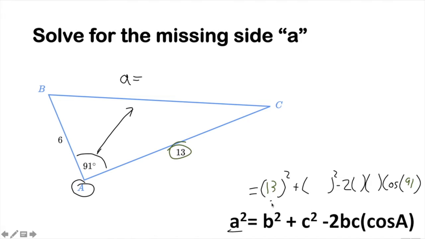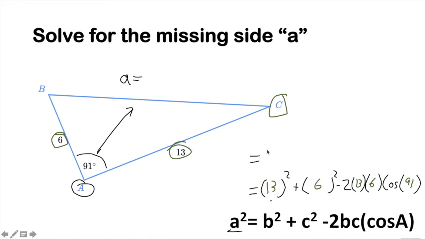So we'll put that where the B goes. Then our side C, across from angle C, would go right here, where C goes, so that's 6. So we've got all the information that we need to solve for a squared. Basically, we just plug and chug that in the calculator.